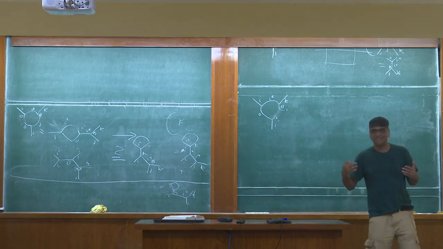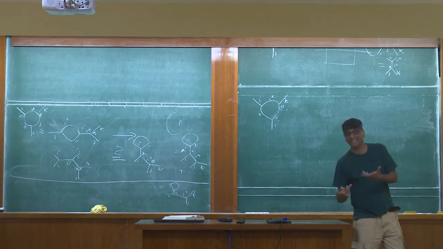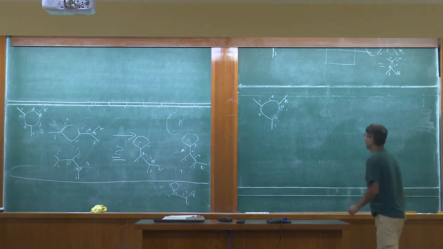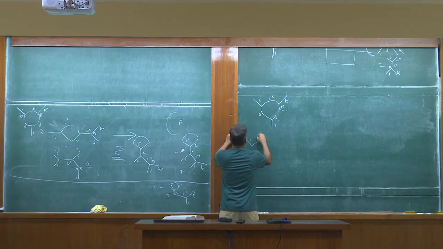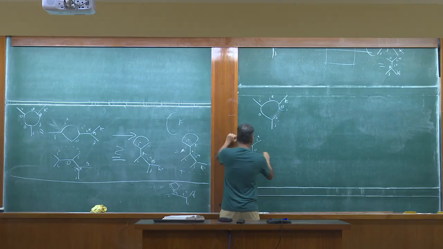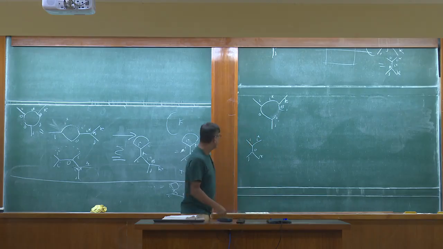And that was the thing that was designed for the use of this A matrix. Okay. So what we have here is this I star, 0, J star. Okay.